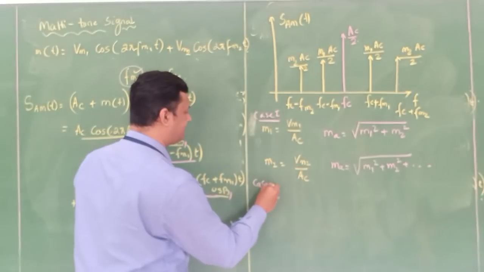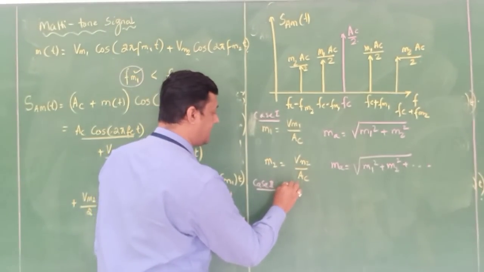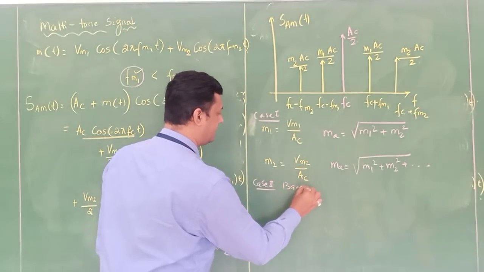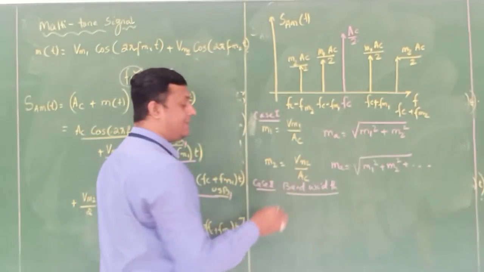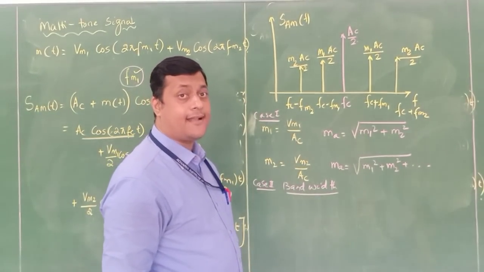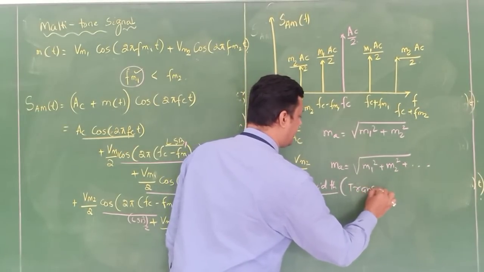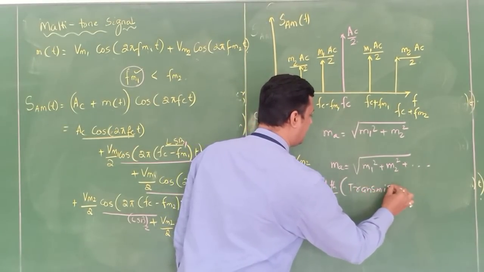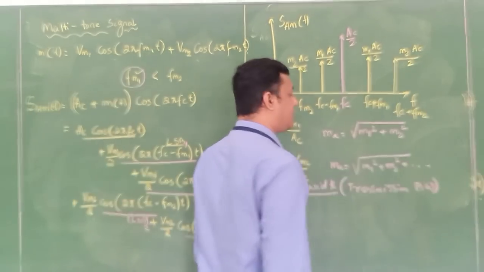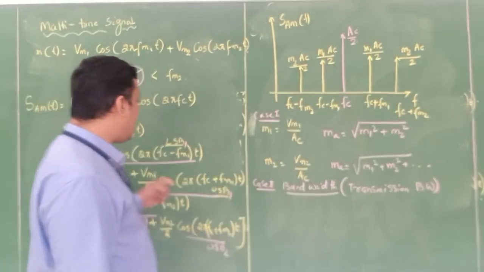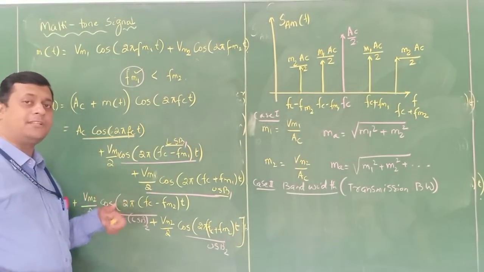Case 2. Case 2 will discuss the bandwidth. This bandwidth is called the transmission bandwidth, BW. So when I am going to transmit this multi-tone signal, what will be its bandwidth?